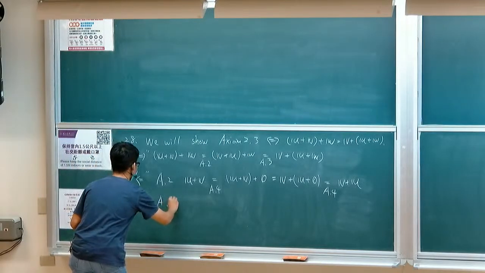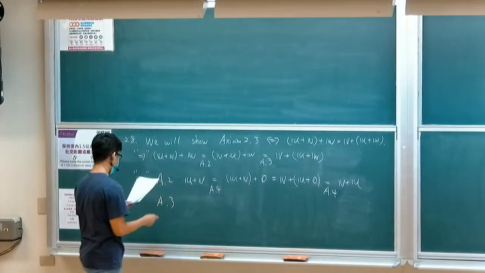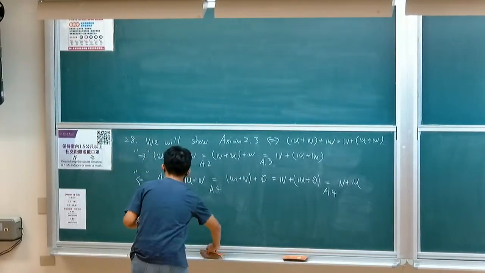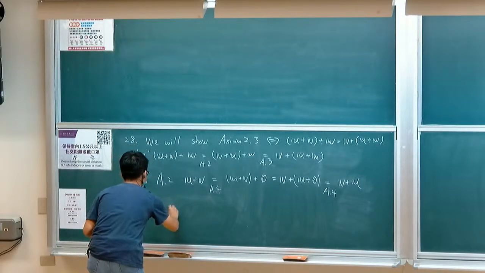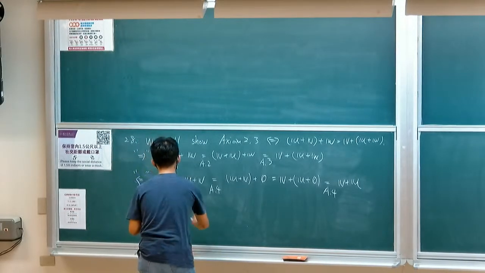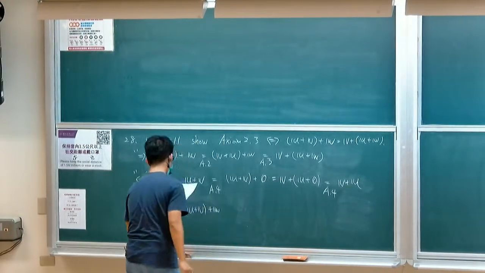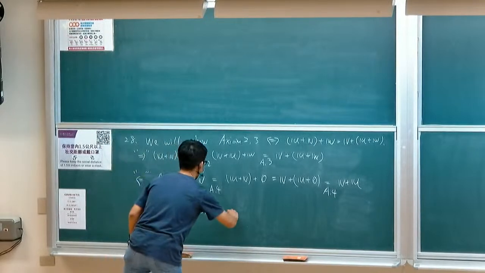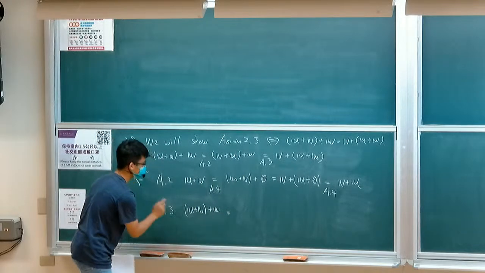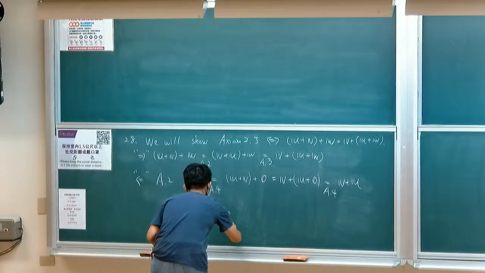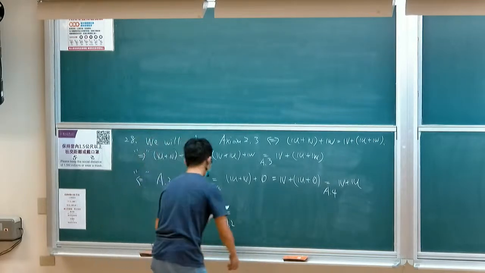Okay, now we show that this equation can give us axiom 3 in the textbook. Let's start from u plus v plus w. Since we have shown that this equation can imply axiom 2, we can use axiom 2 here. Then, by axiom 2, we can exchange these two terms.